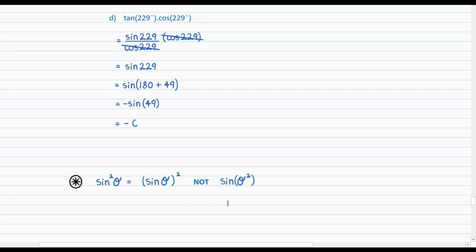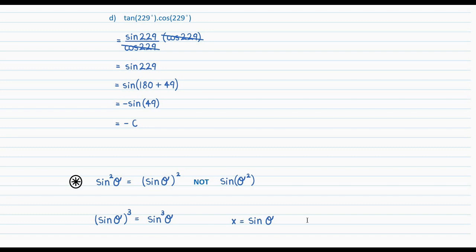Another way to understand this is using sine cubed theta, where sine theta in brackets cubed would be written as sine cubed theta. I think a useful way of thinking of it is as if the sine theta is x. So the sine cubed theta is just the same as saying x cubed. I hope that clears it up.